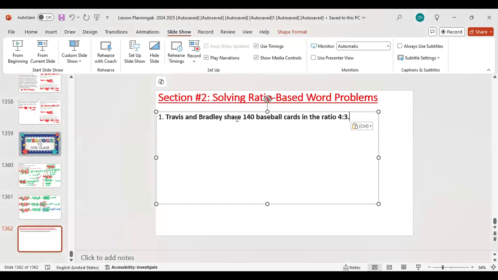So Travis and Bradley share 140 baseball cards in the ratio of 4 to 3.